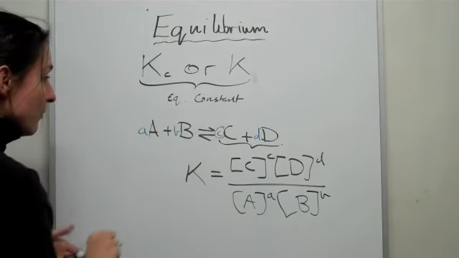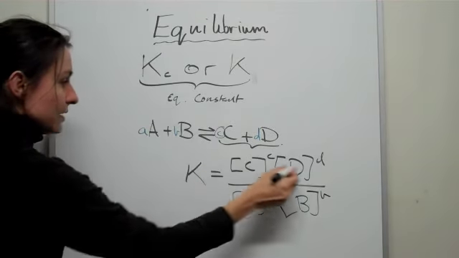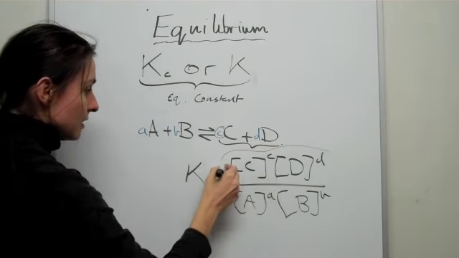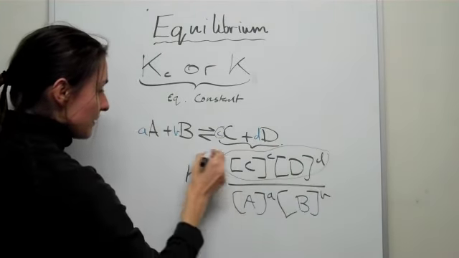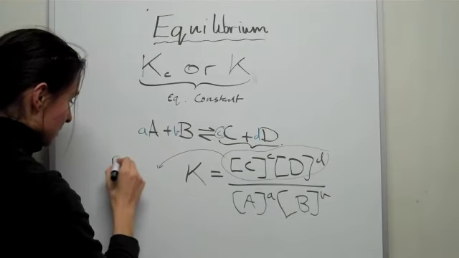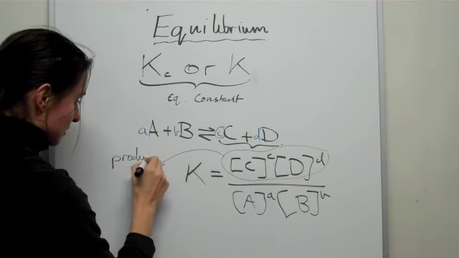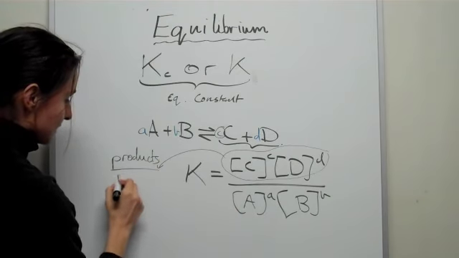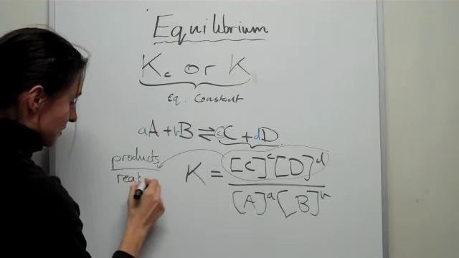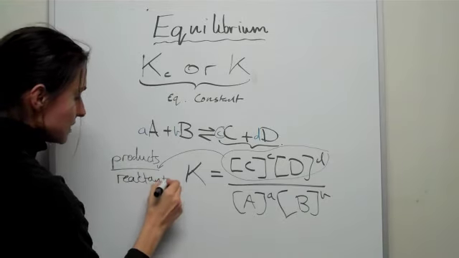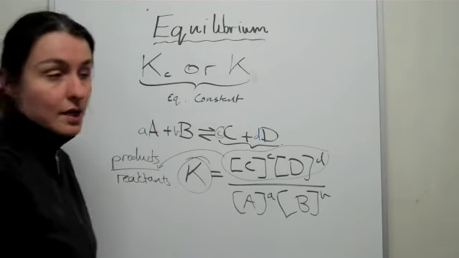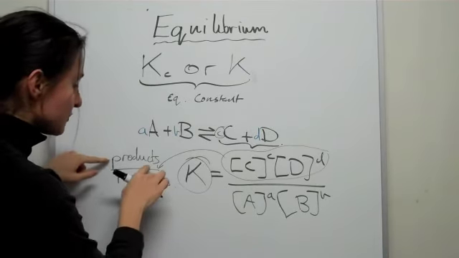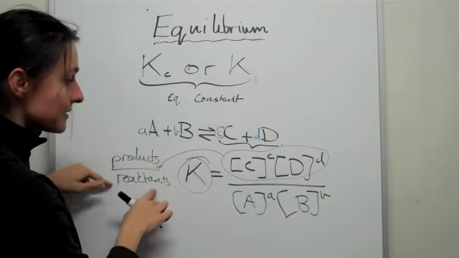So what we're doing here is basically these things here, they describe your products. And these things here, they describe your reactants. So essentially what the K value tells you is the extent to which you've produced products compared to your reactants.